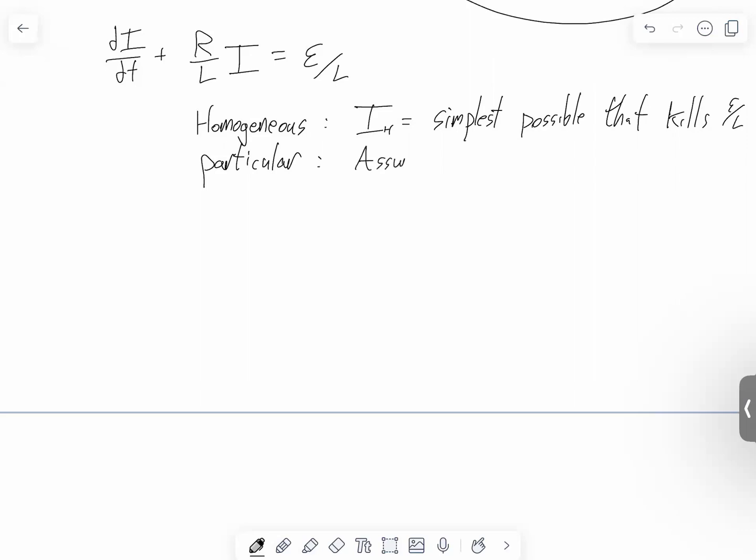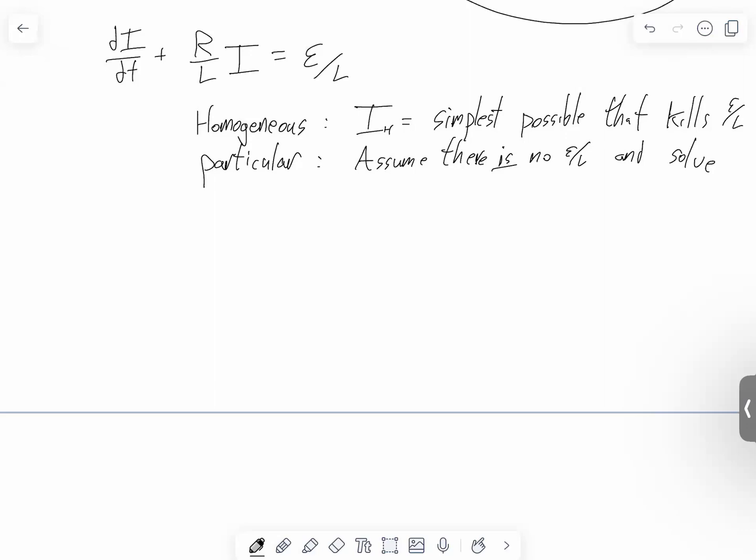Assume there is no. So what's the simplest thing you could assume an equation is equal to? What's the simplest form of equation?